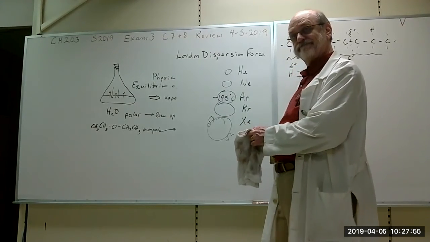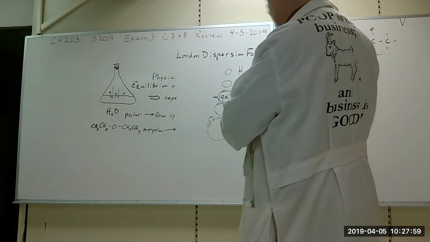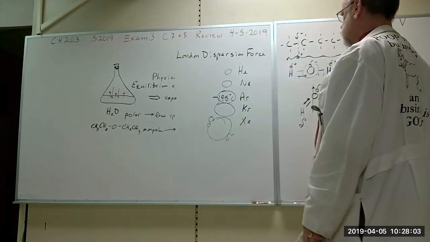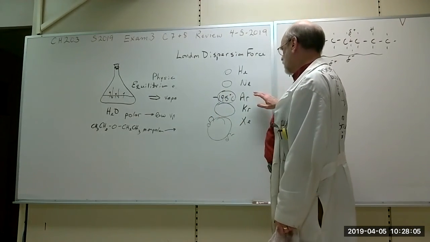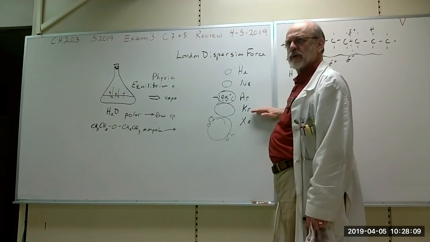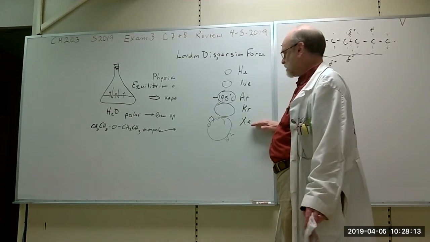Just imagine the temperature it takes to freeze. Oh, to turn it into a solid? Yeah. I don't think you can get it down to here. Maybe they formed krypton as a solid. Yeah, that'd have to be real low. Xenon, yeah.